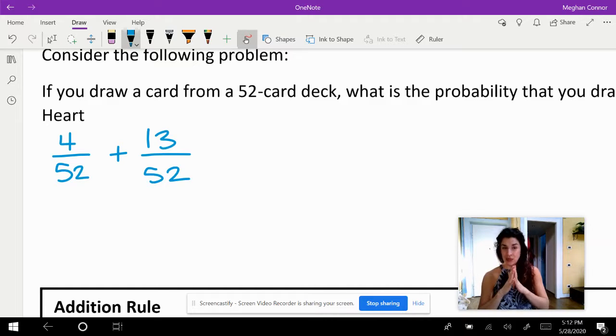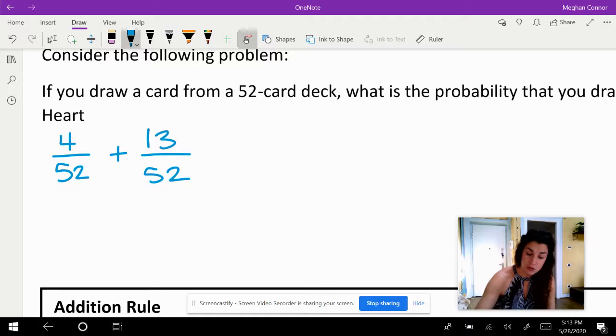There is a catch with this, which is that there is one card that is both a king and a heart. Under the 4 out of 52, we've counted that king of hearts. But also in the 13 out of 52, we have also counted that king that is a heart. So we've counted it twice, and so you need to make sure to subtract out one of them.